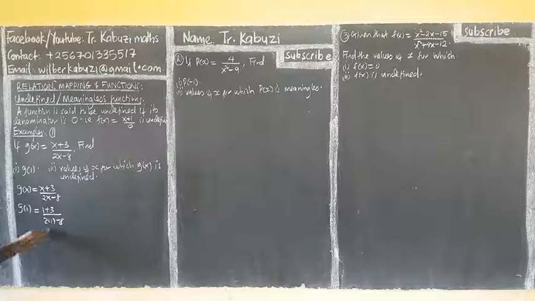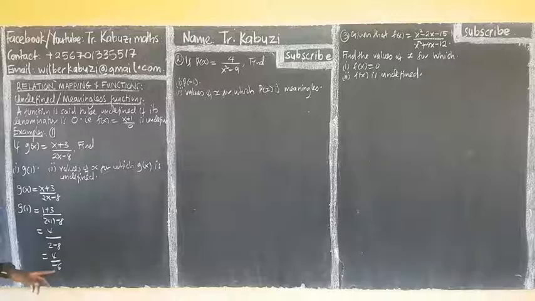Up I have 4. Down I have 2 minus 8, which gives me 4 over negative 6. Reducing this, we get 2 over negative 3. Multiplying the negative up and down, we have negative 2 over 3.